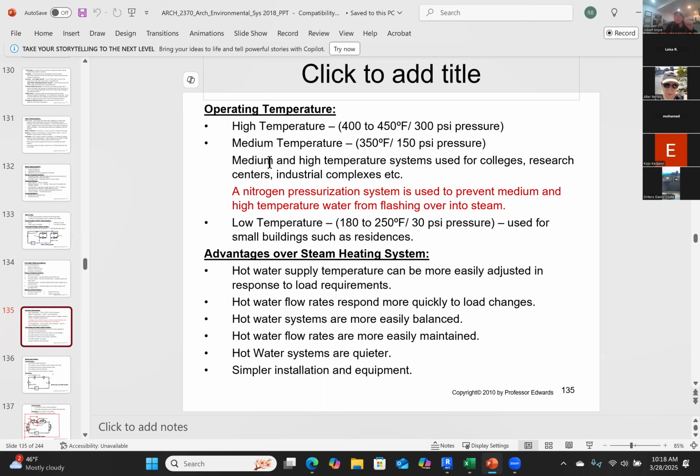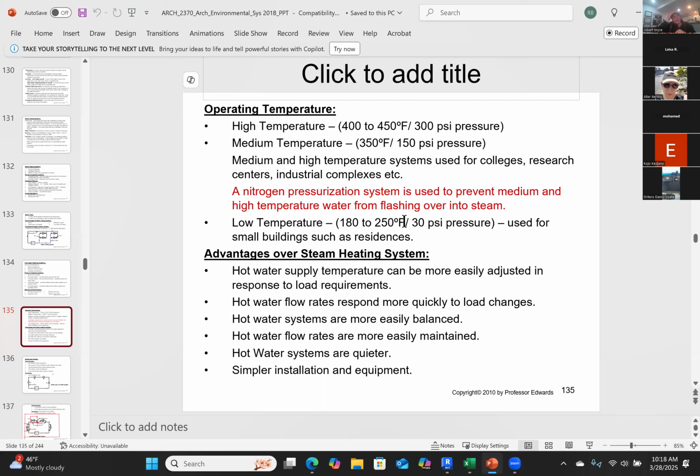So obviously, if you have a high temperature system, in other words, the water that's being distributed through your facility is 400 to 450 degrees, then you're going to be able to extract a tremendous amount more BTUs from that water than if it's just 180 to 250 degrees.